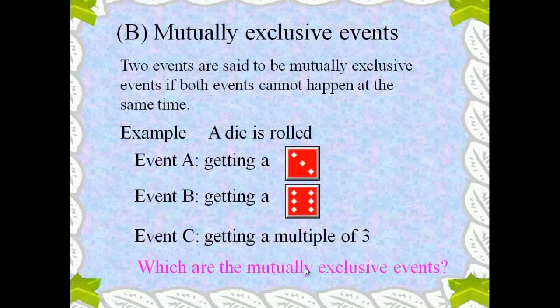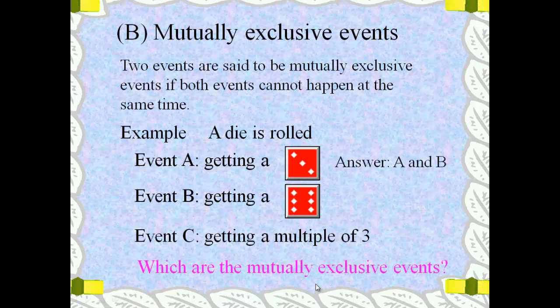Which of these are mutually exclusive? So A and B are the only mutually exclusive events. 3 and 6 are both multiples of 3. So it's only getting a 3 or getting a 6 that are mutually exclusive.